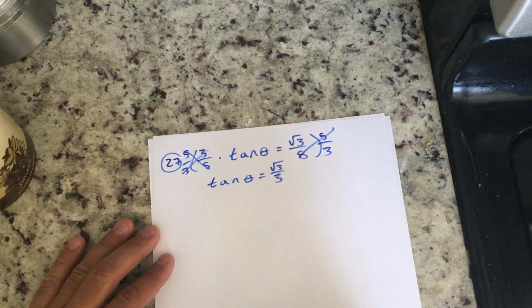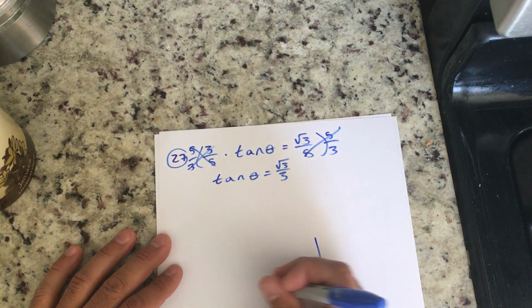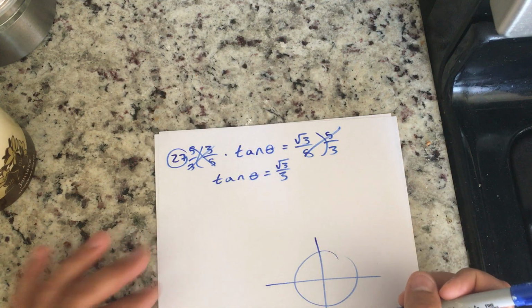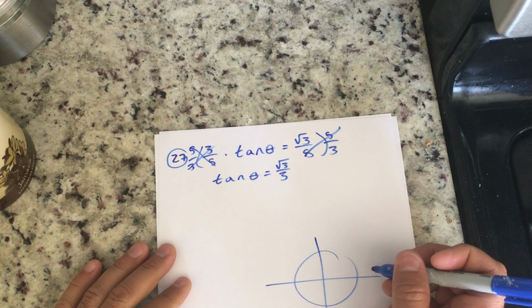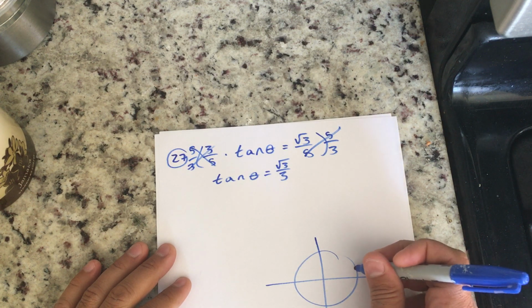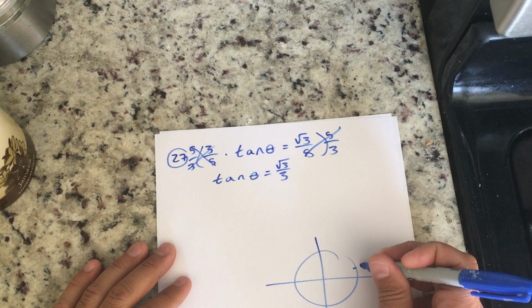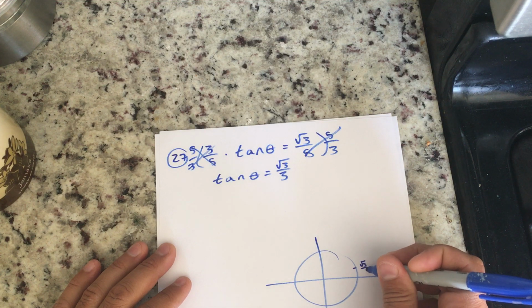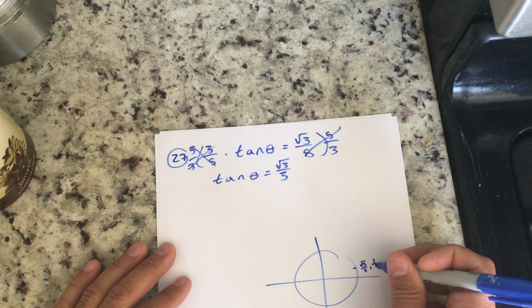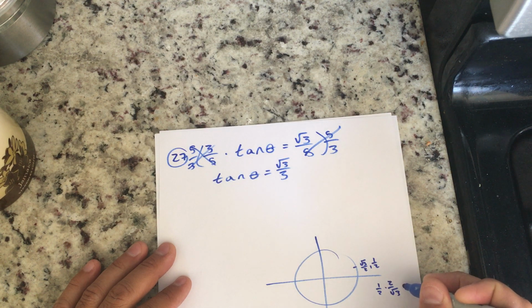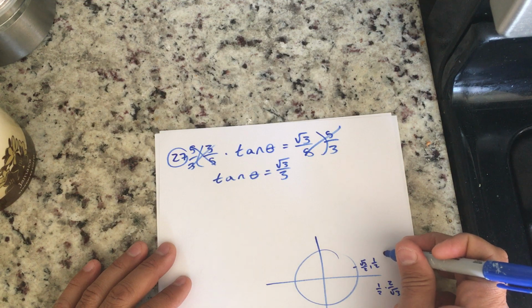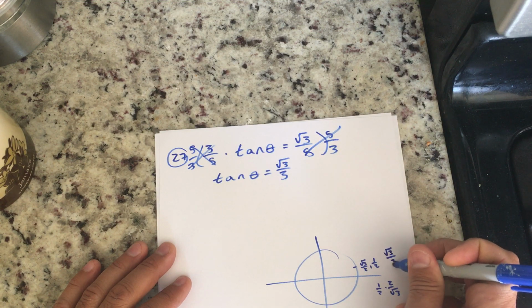So I'm going to think about on my unit circle, where's the tangent square root of 3 over 3? Remember that your tangent is your sine divided by cosine. So here the cosine is the square root of 3 over 2, and the sine is 1/2. So 1/2 times 2 over the square root of 3 is going to be the square root of 3 over 3.